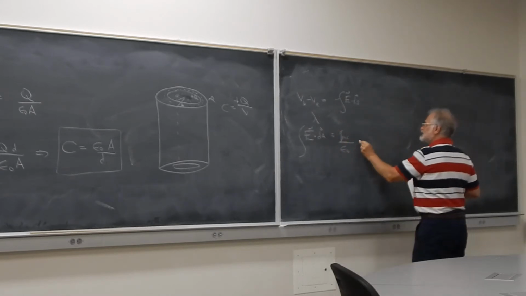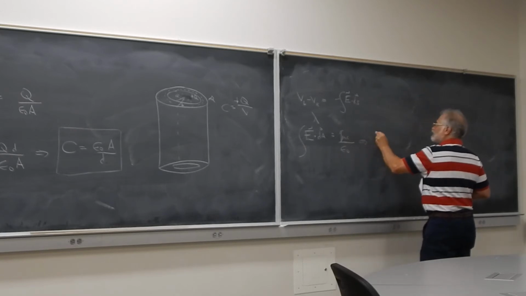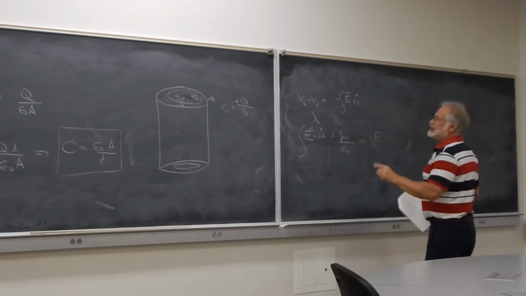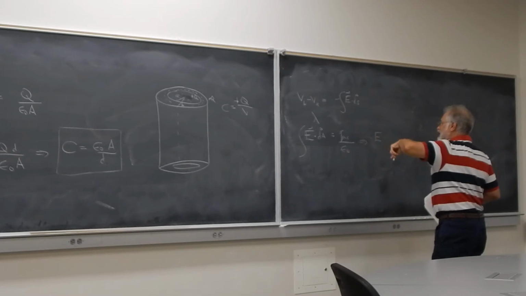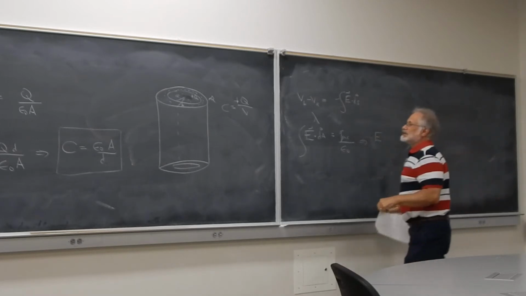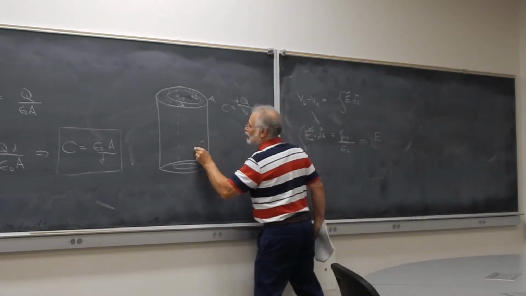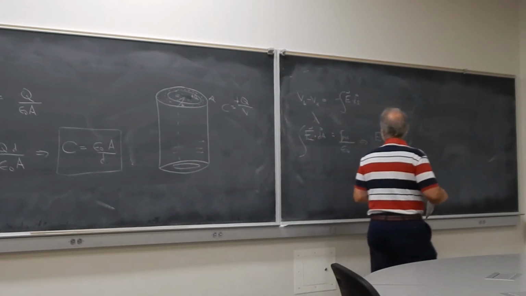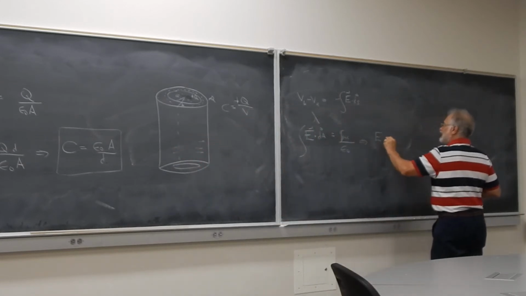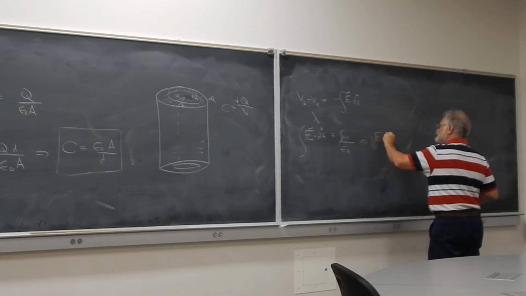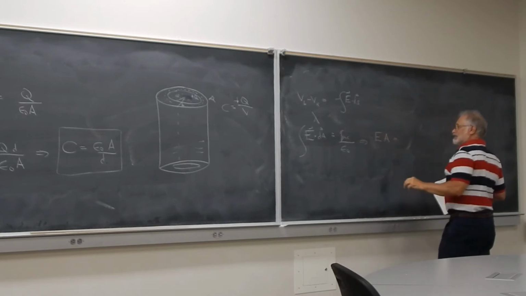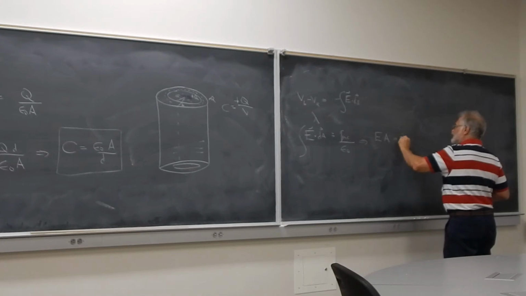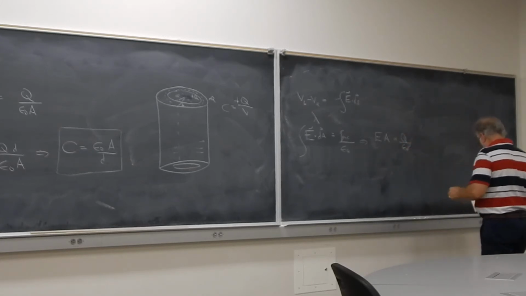In the case of the cylinder, the field is going to be constant everywhere along that Gaussian surface. Remember, the field is going to be pointing outward from the Gaussian cylinder in all directions. So I can write E times the area is equal to the charge enclosed, which is plus Q divided by epsilon naught.